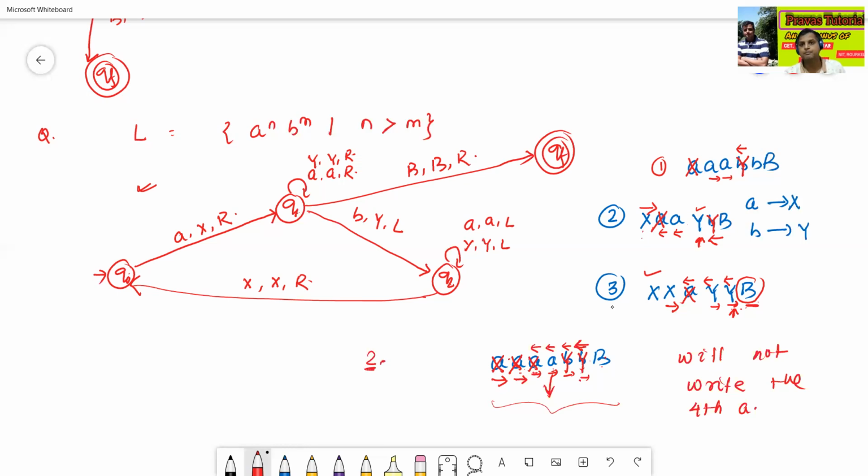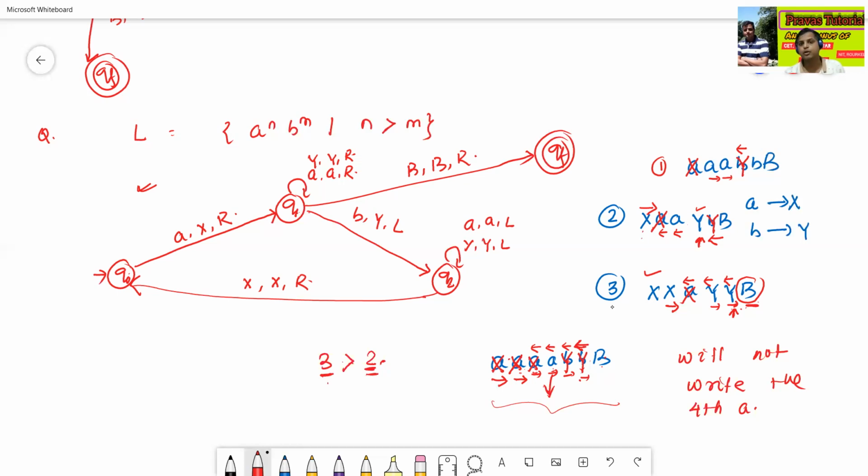So if the number of A's is just one greater than the number of B's, suppose 2 plus 1 equals 3, so 3 is always greater than 2. If the number of A's is 3 and the number of B's is 2, the condition is satisfied.